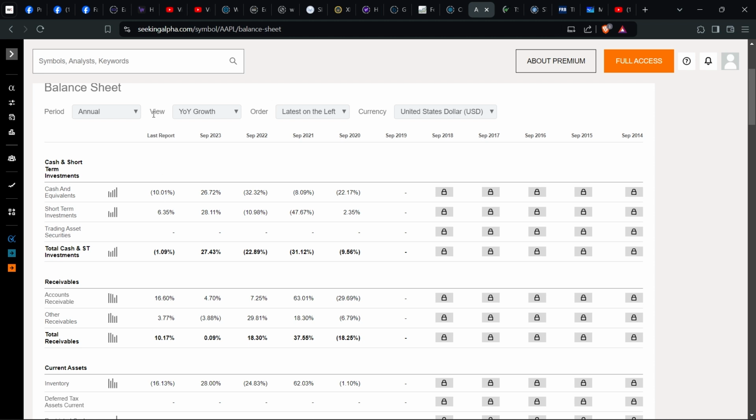So from the last annual report to the latest quarterly report, there has been a decrease of around 10% in their cash pile. This 26% means the year-over-year change from 2022 to 2023 is an increase of 26%. All right, let's go back to the absolute figures.